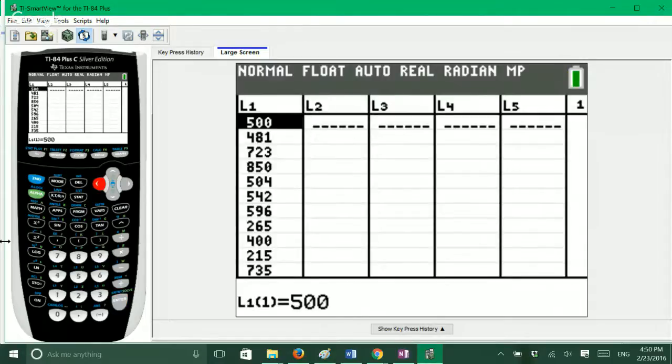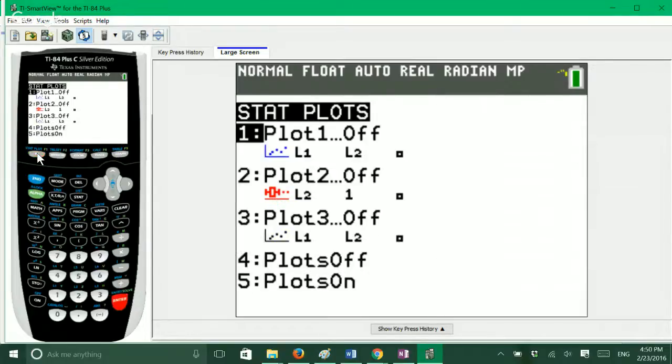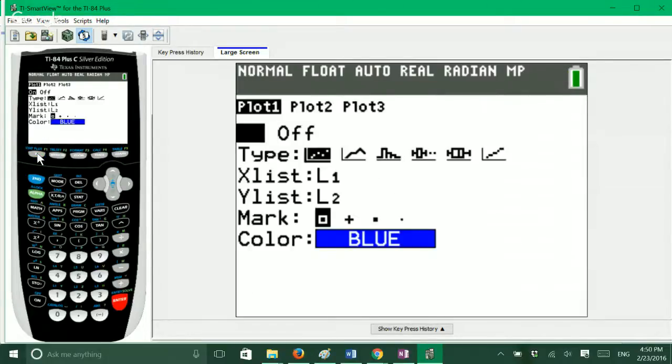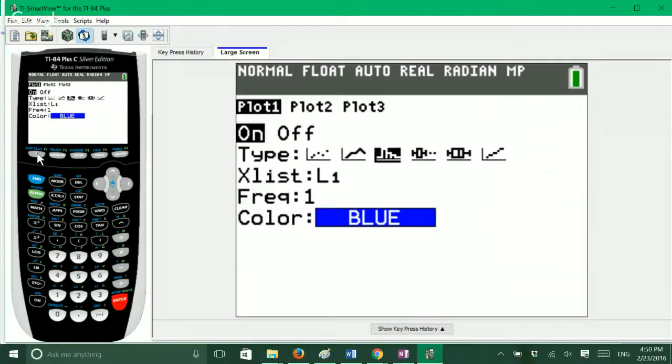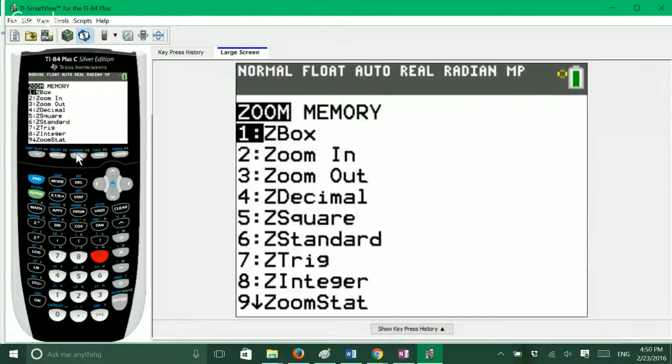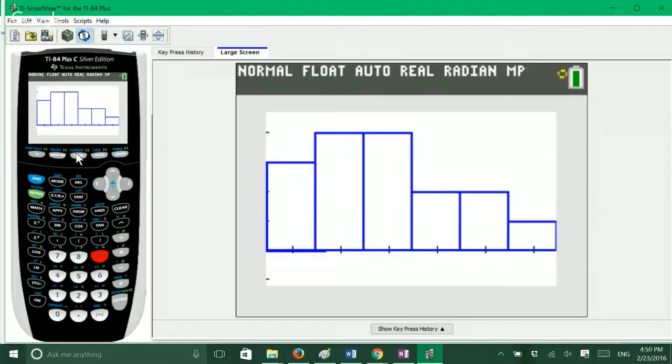Let's take a look at our graphs. The first graph you probably want to look at is the histogram of list 1. Just use Zoom 9. That looks pretty centrally weighted to me.